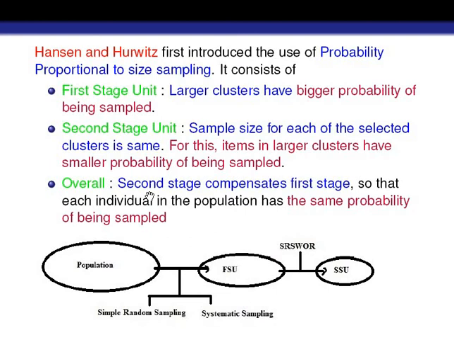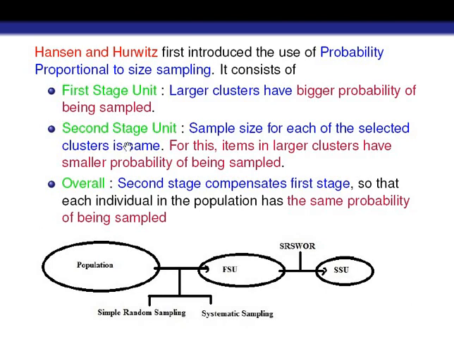This technique was first introduced by Hansen and Hurwitz. Since probability proportional to size sampling is one case of two-stage sampling, obviously this sampling technique consists of two stages. In all of the random sampling techniques we have discussed until now, each unit within the population has the same probability of being selected in the sample, isn't it?